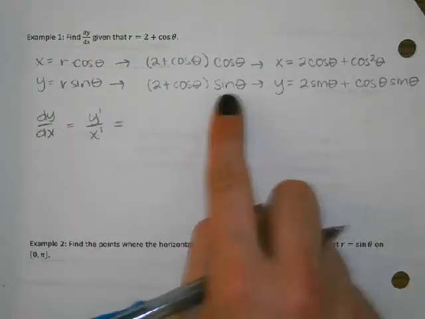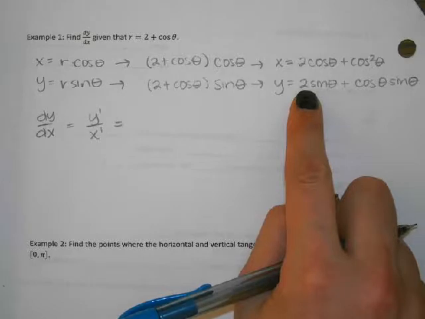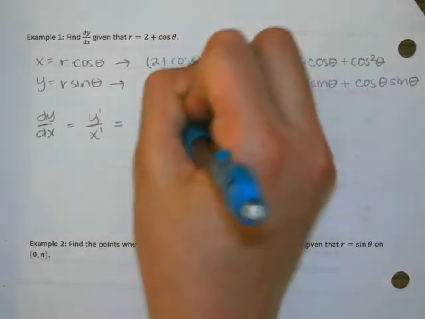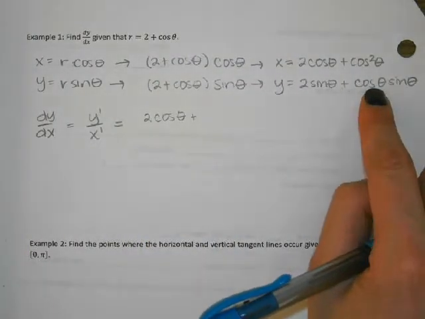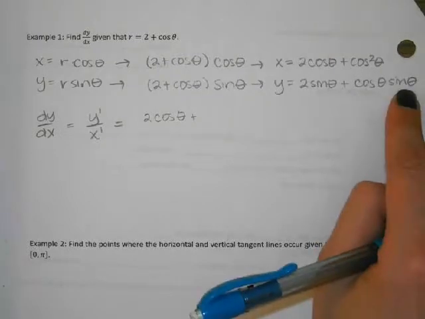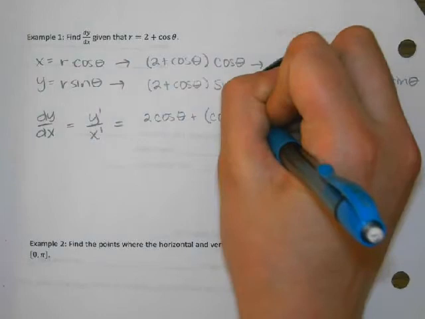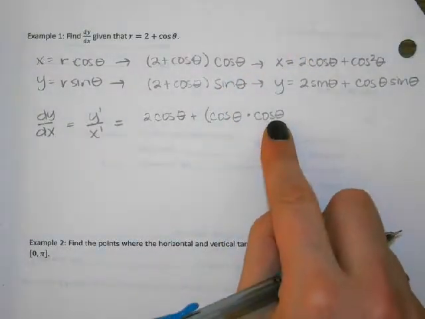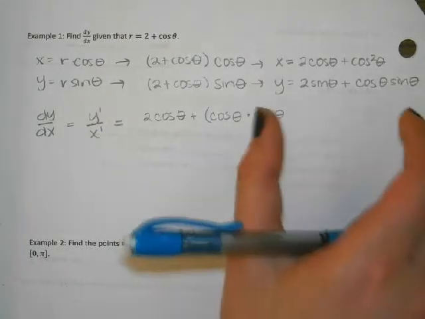So the derivative of y would be 2 cos theta. So the first part is pretty easy. And then what do you have to be careful of right here? Product rule. So first times the derivative of the second. And I don't know about you guys, but I found for me, I like to put my product rule in parentheses to know that it represents a term.